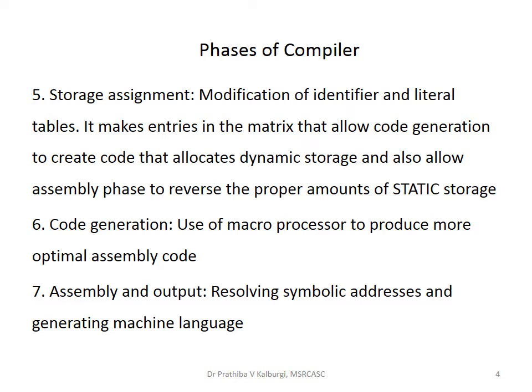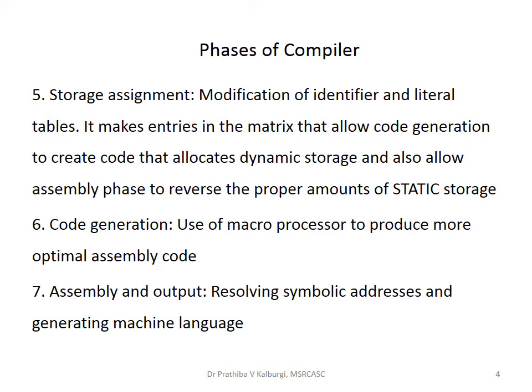Now coming to the sixth one, which we call code generation. So the purpose of the code generation phase is to produce the appropriate code. That is, it uses the macroprocessor to produce the more optimal assembly code. So in this case, we have the different databases which are going to be created.